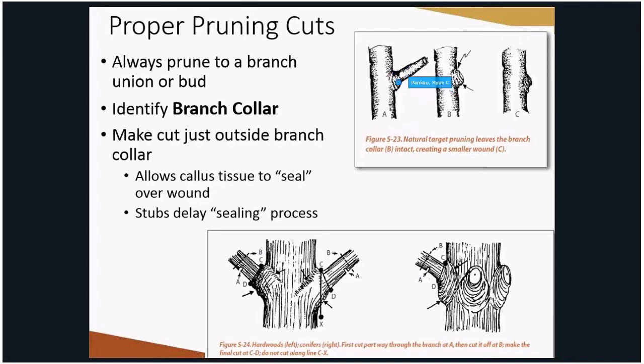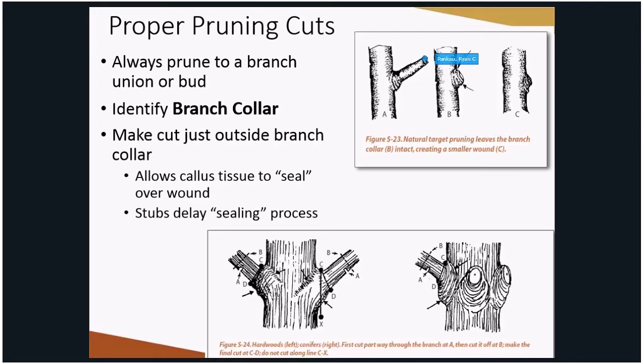So you can see right here where this diagram shows a correctly made pruning cut. It's just right outside of that branch collar where this piece of branch was removed and cut off right there, but we've left this intact. And the reason being, there's actually actively growing cells right within that branch collar that are what's going to react and grow callus tissue or new wood over the wound and seal it over.